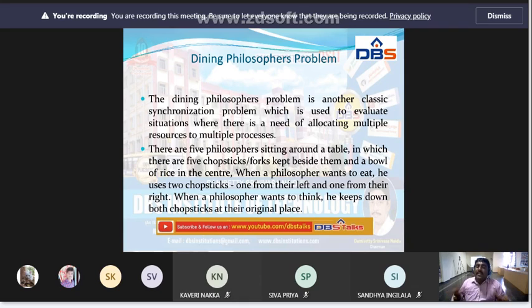Whenever he is thinking, he keeps down those 2 chopsticks at their original place. Either that philosopher should eat or be in the position of thinking.